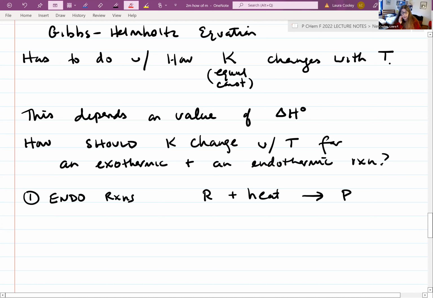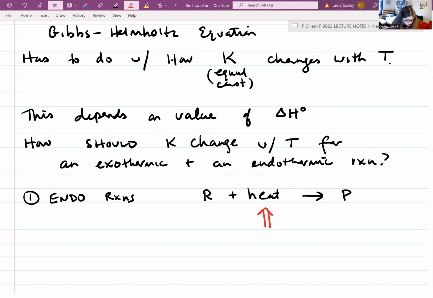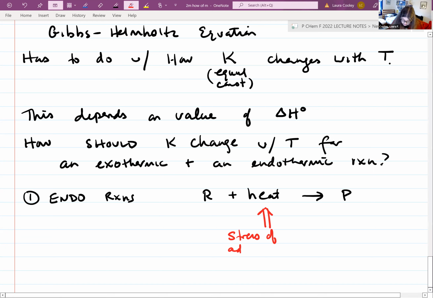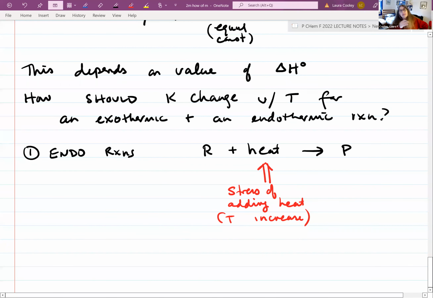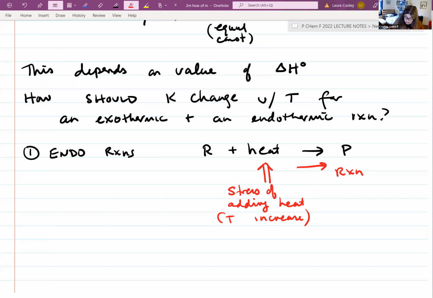If you add heat, you increase the temperature, the stress is adding heat. The system is going to respond in such a way that removes the stress, so the reaction will go to the right.